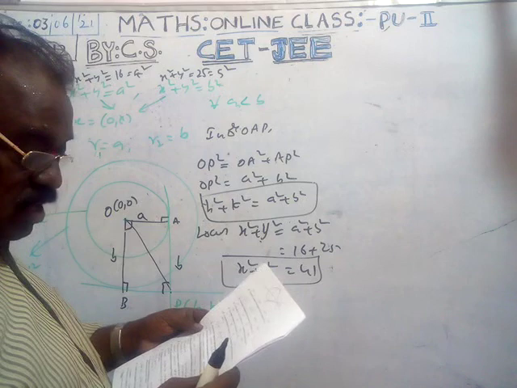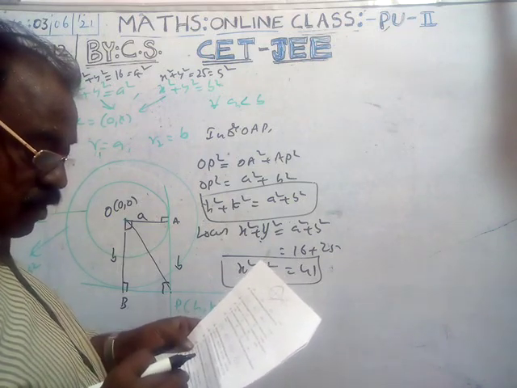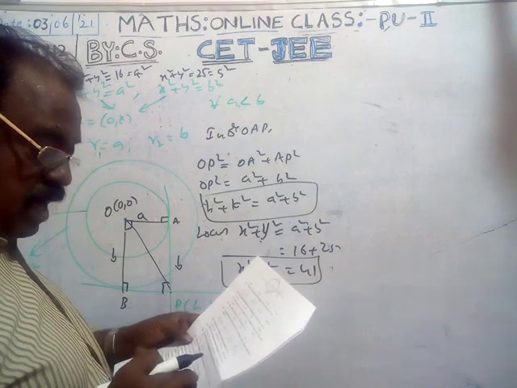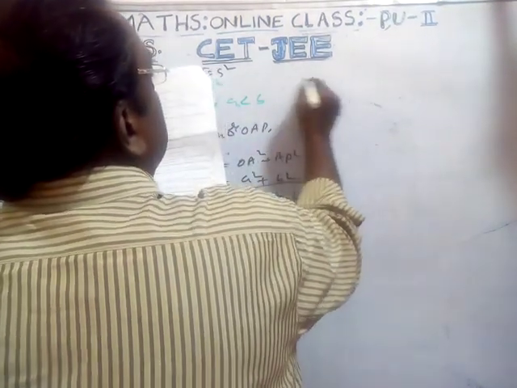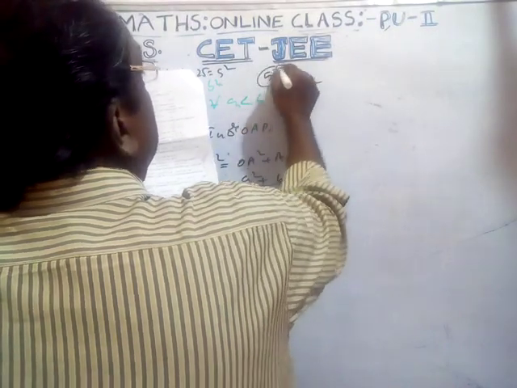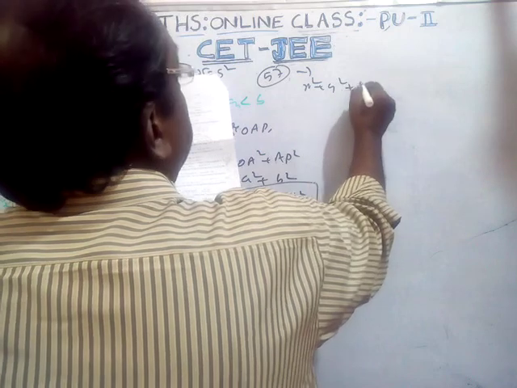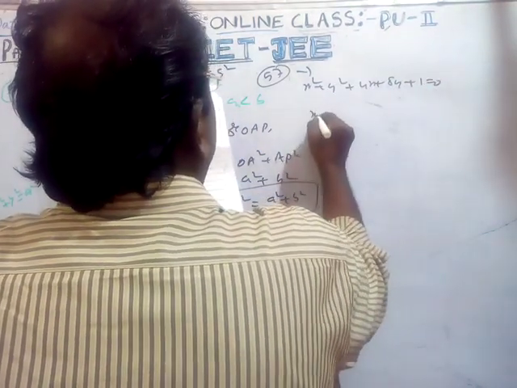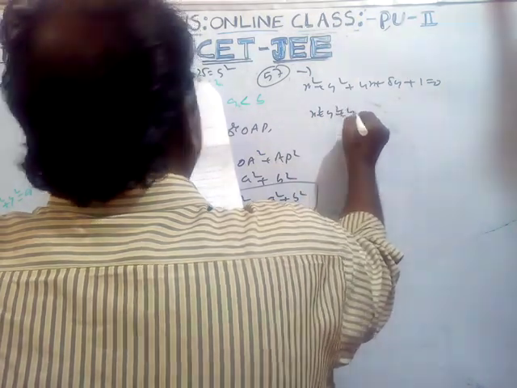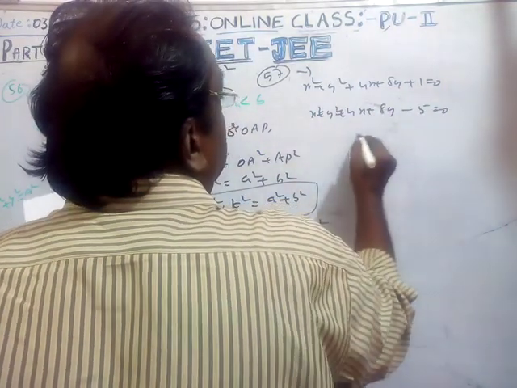Say problem 56, 57. Locus of point of intersection of perpendicular tangents to each of the circles. Both the circles you see: x square plus y square plus 4x plus 8y plus 1 is equal to 0, and x square plus y square plus 4x plus 8y minus 5 is equal to 0.